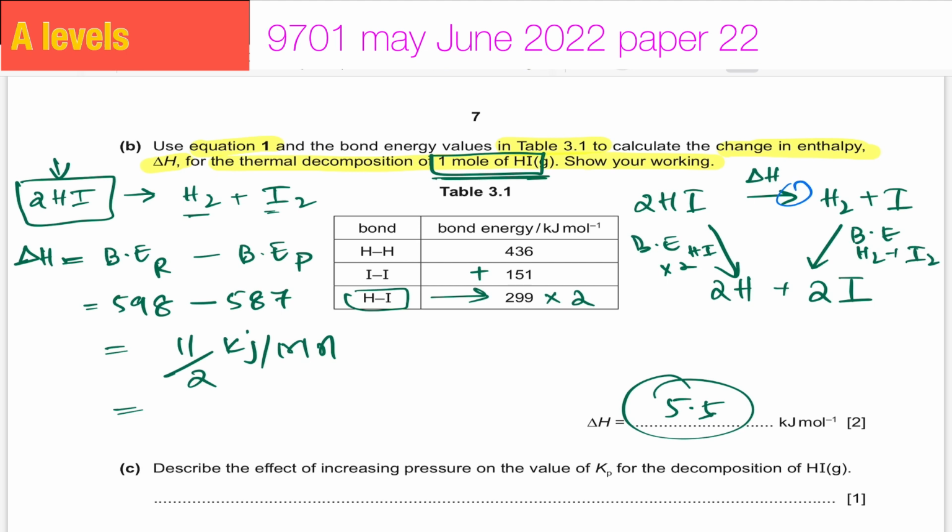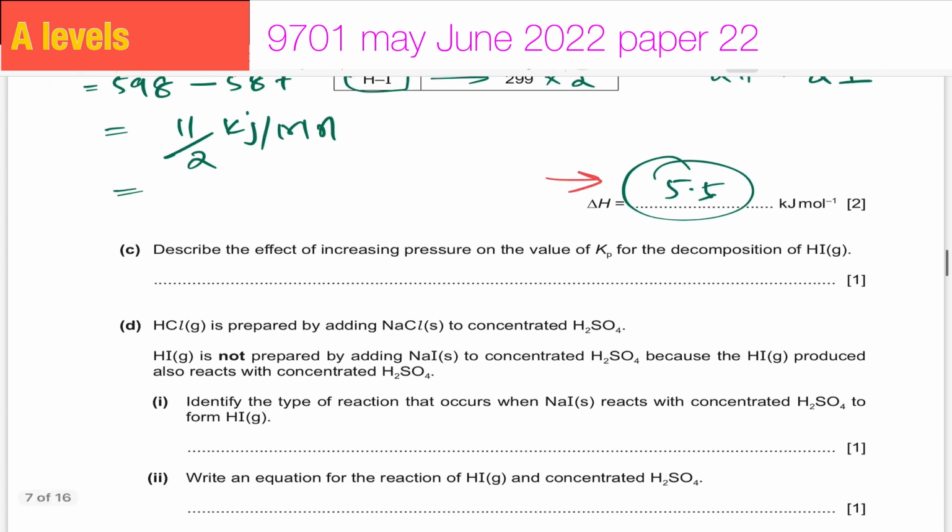So this arrowhead would be added with this tail, so delta H plus this energy change would be equal to this energy change, and you will get the same answer by dividing the value by 2, because the delta H which we would get would be for 2 moles of hydrogen iodide, right? So you can solve it either way.